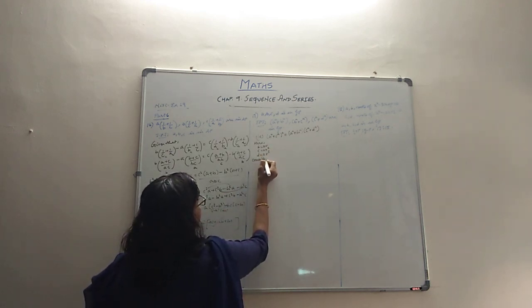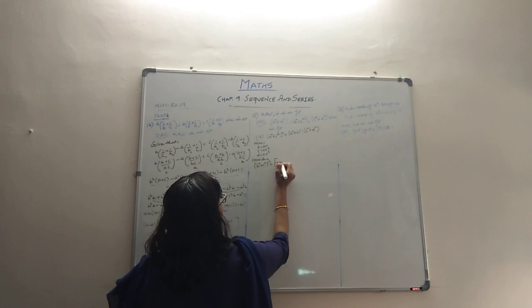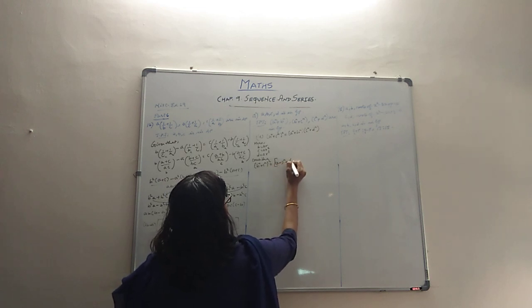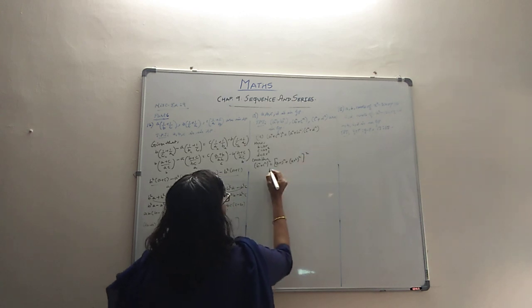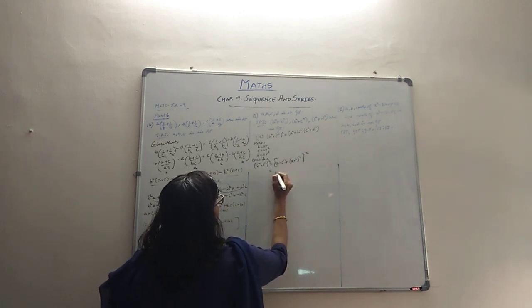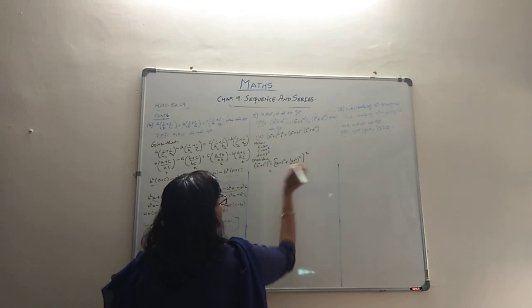Consider B raised to n plus C raised to n, the whole square. What will that come to? B raised to n means (AR) raised to n. C raised to n is (AR squared) raised to n, whole squared. So this is like writing AR into AR whole raised to n, isn't it?